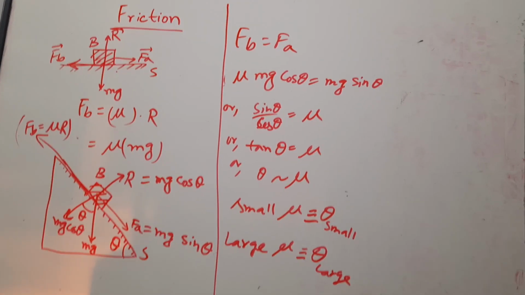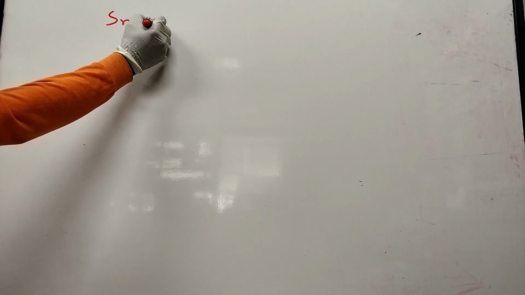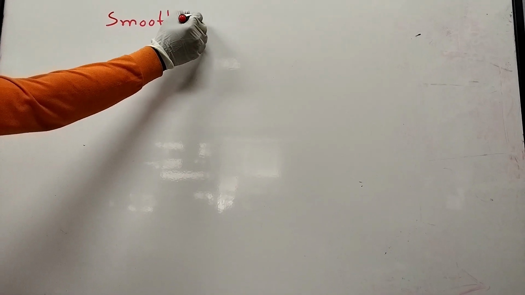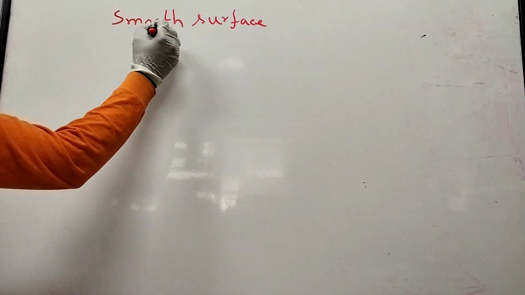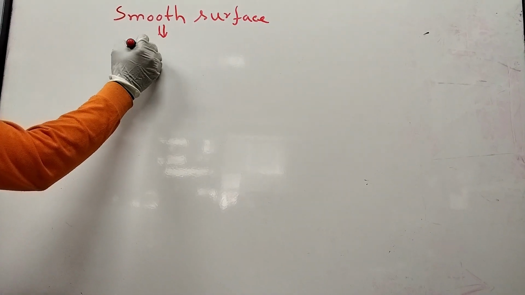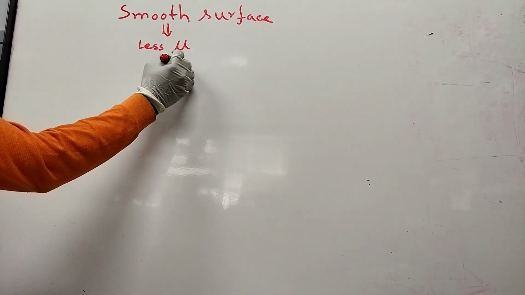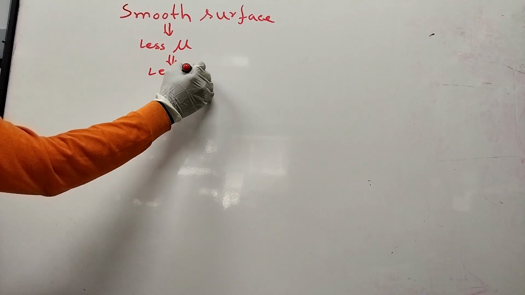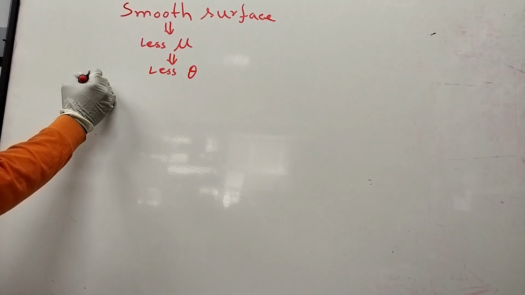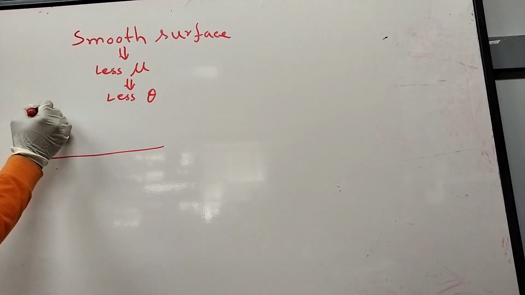We will do this from the experiment. Before going to the experiment, let's once again note that a smooth surface, which has smaller mu, must have a lower theta angle, meaning a small inclined angle can make the object slide.